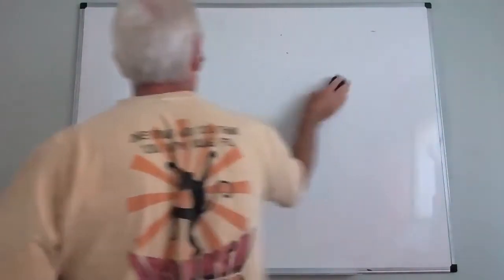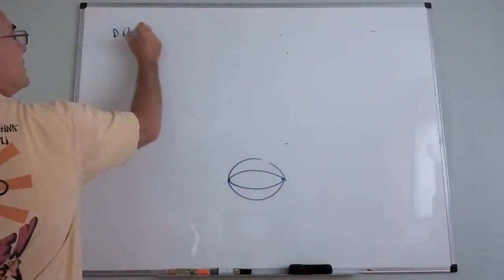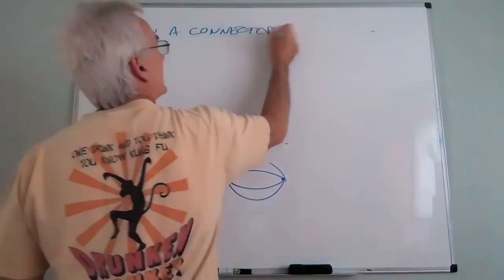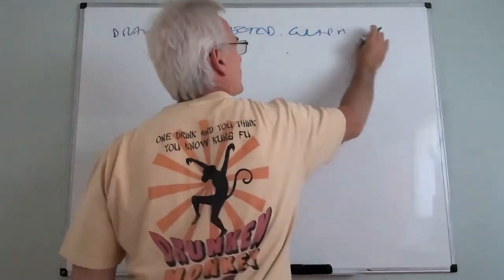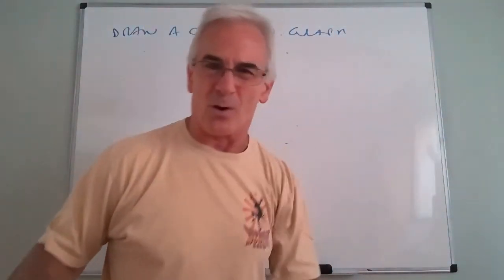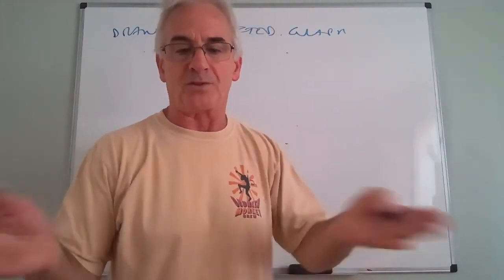Everybody, I want you to try this on your own. I'm going to keep this really short and sweet. All right. I want you to draw a connected graph. By the way, the graph has to be connected to have an Euler circuit, because if I have 2 different pieces, I can't do a whole loop because I can't get from one to the other. So the connected is kind of redundant. Of course, it's connected.